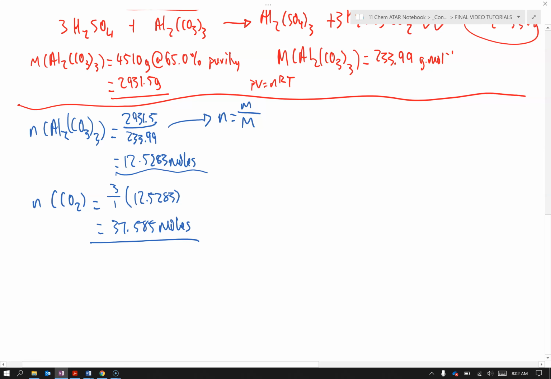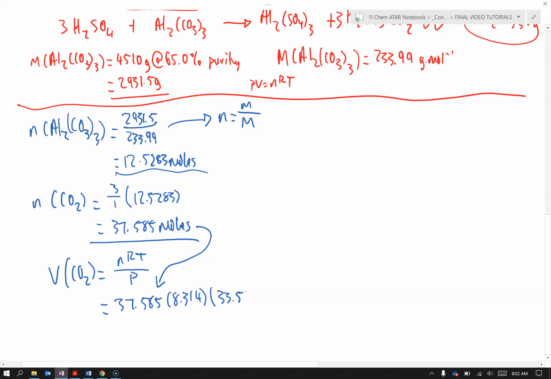I can now rearrange my equation to get my volume of carbon dioxide by saying V is equal to nRT on P. If I chuck all this together, I get 37.585 from my number of moles. I get 8.314, which of course is my universal gas constant. Multiply that by the temperature, which is 33.5.